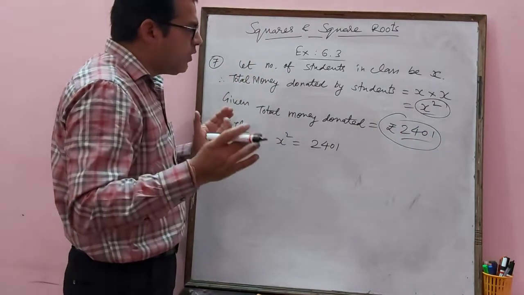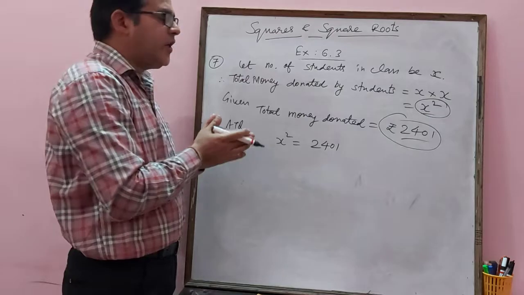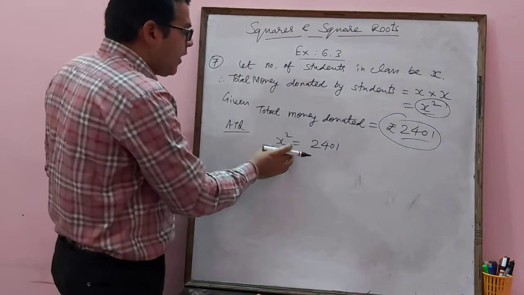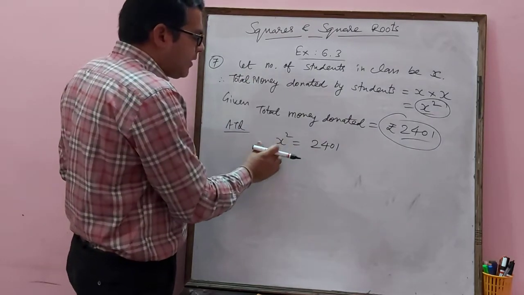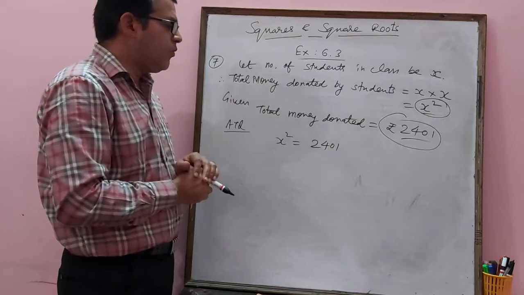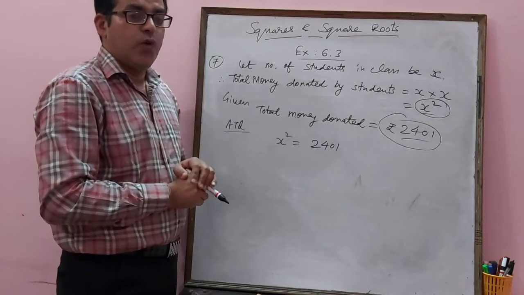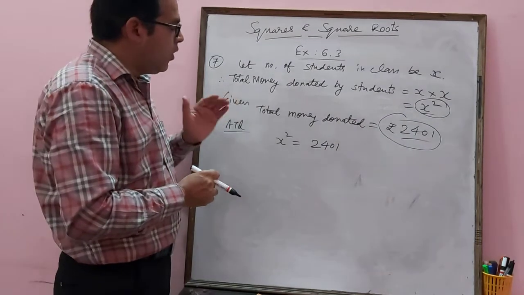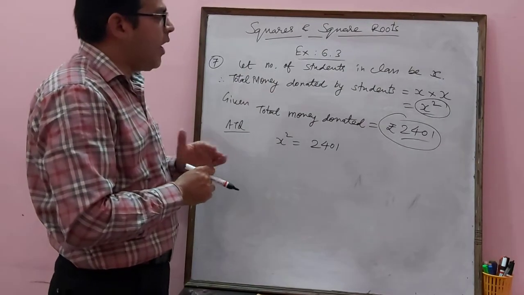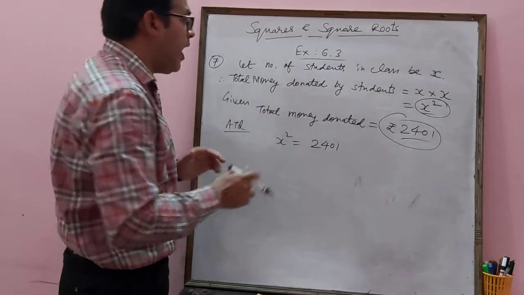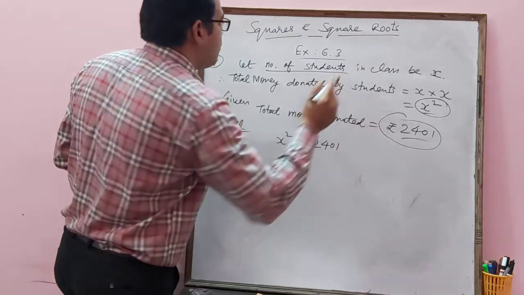It means both will be equal. So we can equalize them, we can write x square equals 2,401. It is given. Now what to do here? We need to find the value of x. We have to find the number of students in a class.